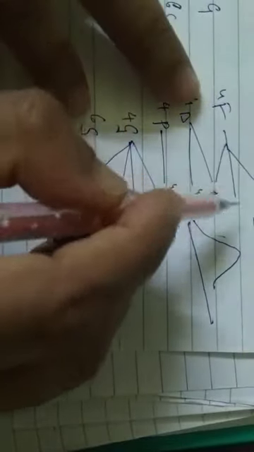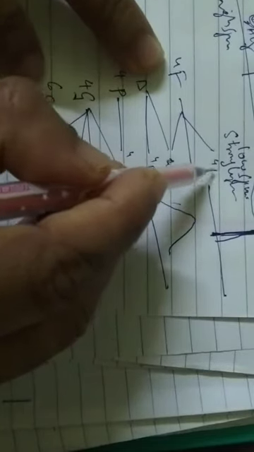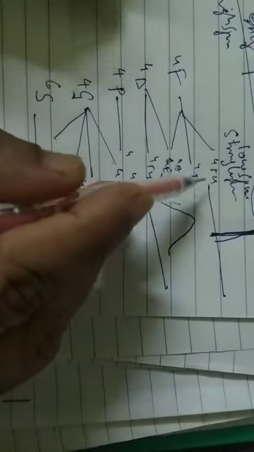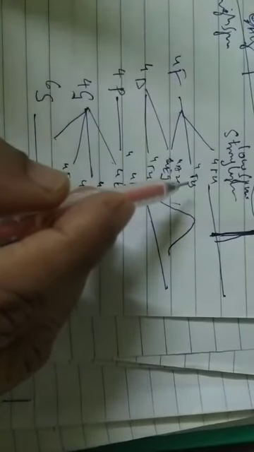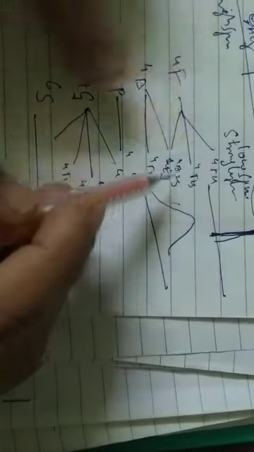And finally this F is going to split into three like this, that is quadruplet T2G, T1G, and quadruplet A2G. Correct, okay.